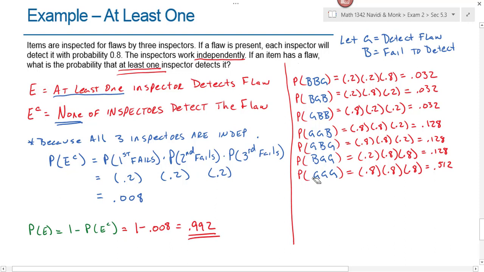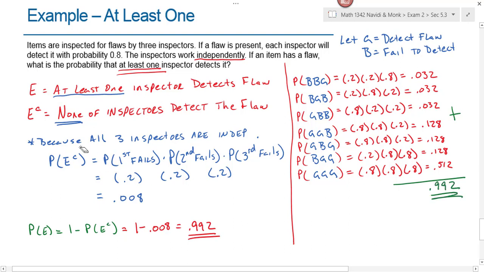All of these different things represent different ways of getting at least one good call. Because I could do this or this or this or this. Do you remember what we did in 5.2 when we saw the word or? Or means we added the probabilities together, right? If I add all of these probabilities together, guess what I get?